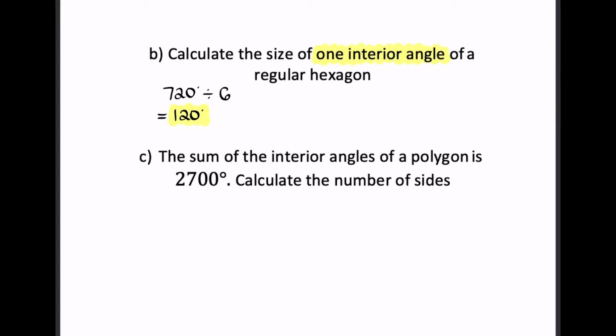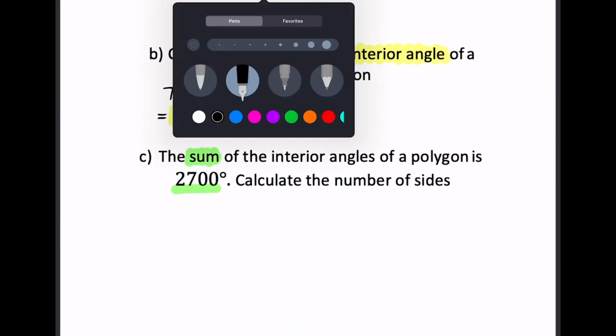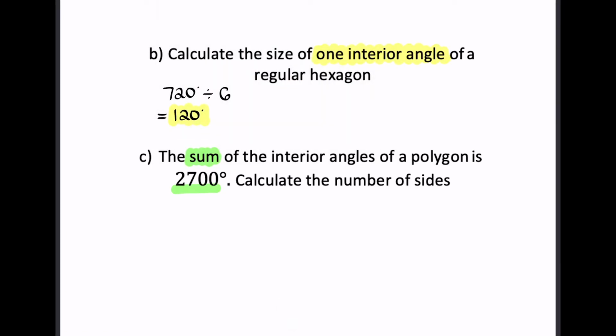The next question says the sum of the interior angles of a polygon is 2,700. So they've given us the sum being 2,700, and it's asking us to calculate the number of sides. So the number of sides means that we're calculating n. In order to calculate n, I'm still going to work with my same formula, which is the sum of the interior angles of a polygon is equal to n minus 2 times 180 degrees.